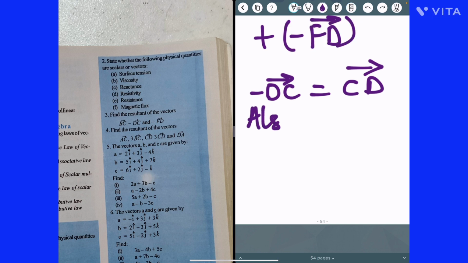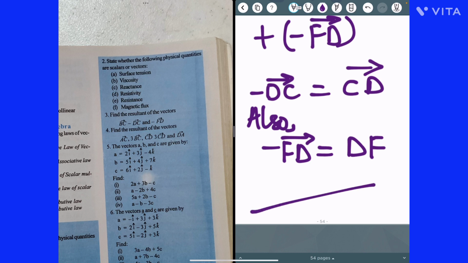Also, minus FD is the same thing as plus DF. You understand? Going from F to D, this is the direction.